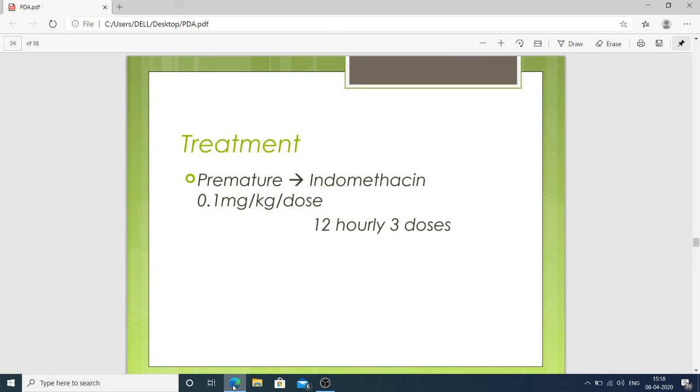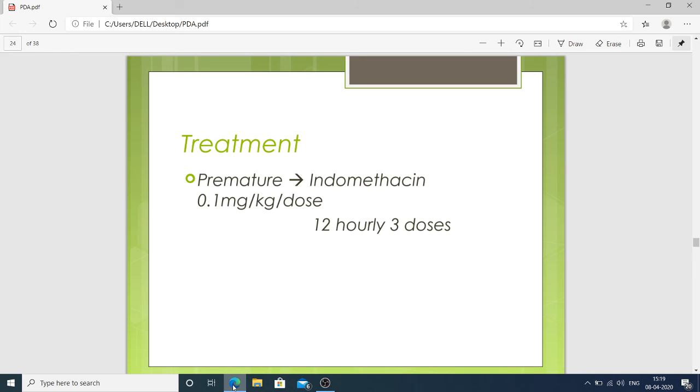Then treatment. If the baby is premature, then indomethacin is the drug of choice. The dose is 0.1 mg per kg per dose, 12 hourly, 3 doses. It is the medical management of patent ductus arteriosus. It is a prostaglandin inhibitor, and by inhibiting the prostaglandin, indomethacin allows the PDA to close.